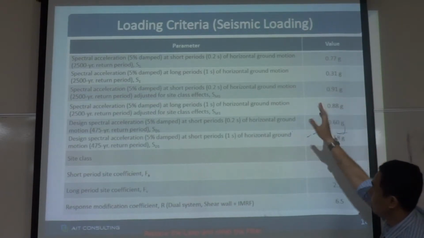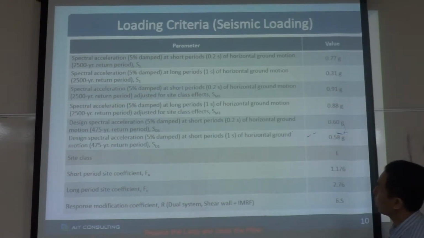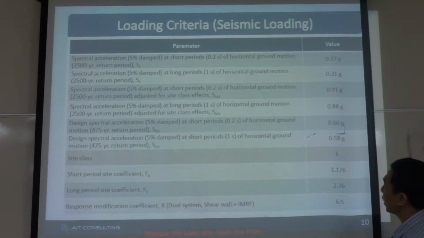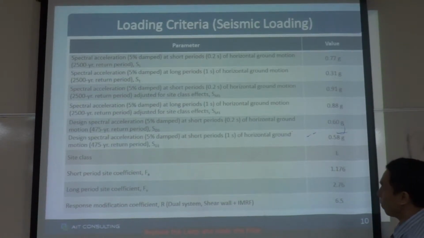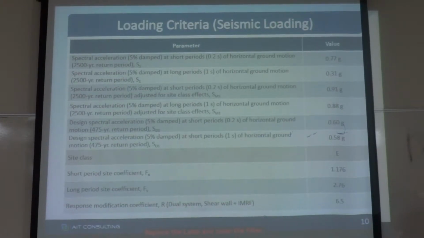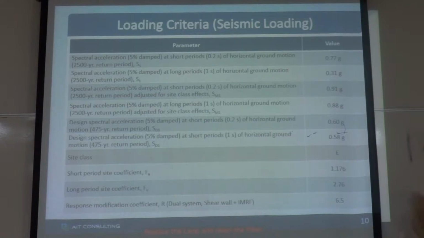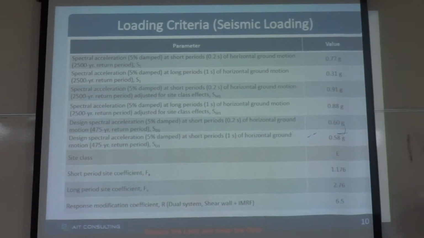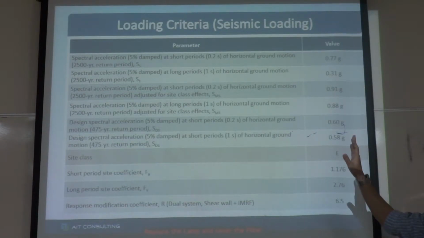But these are for the 2,500 year return period. In the code, we do not design the building to resist the earthquake of 2,500 year return period directly. We design for the design basis level earthquake, not the MCE, the maximum considered earthquake.